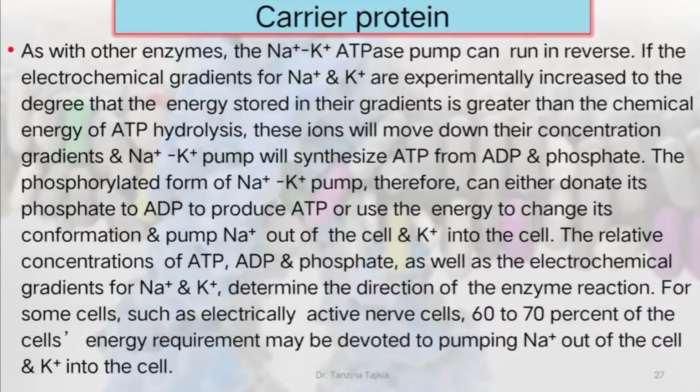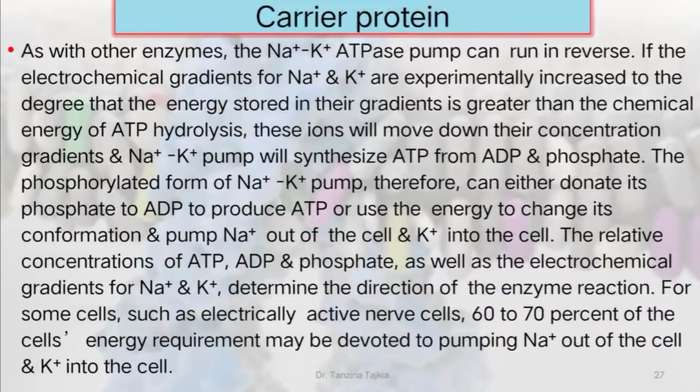The phosphorylated form of the sodium potassium pump therefore can either donate its phosphate to ADP to produce ATP, or use the energy to change its conformation and pump sodium ions out of the cells and potassium ions into the cell.